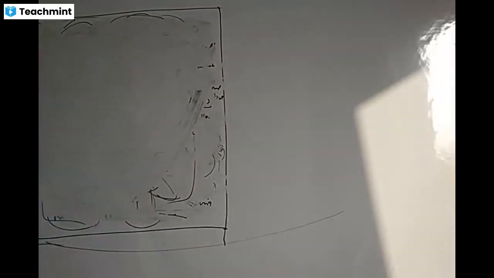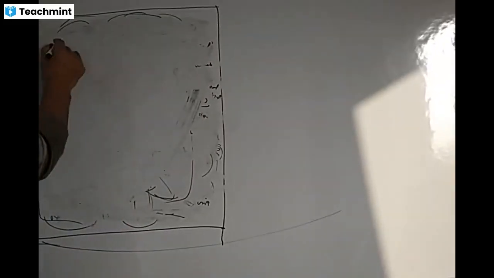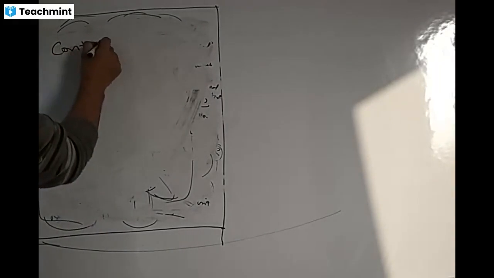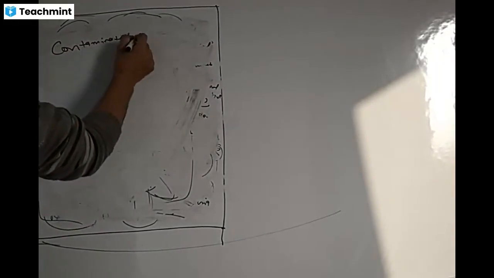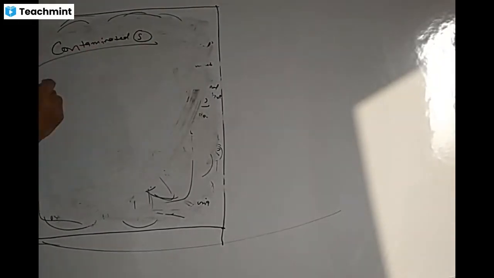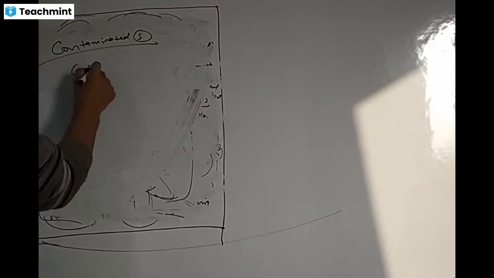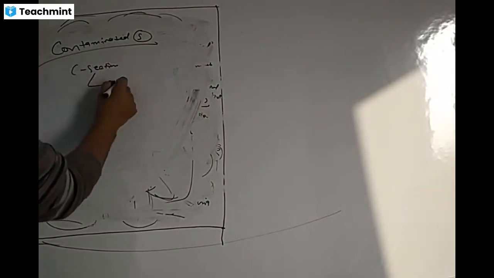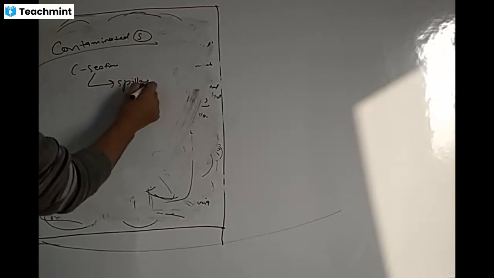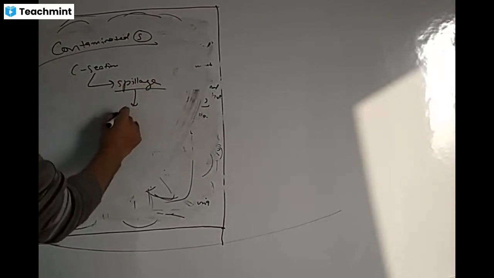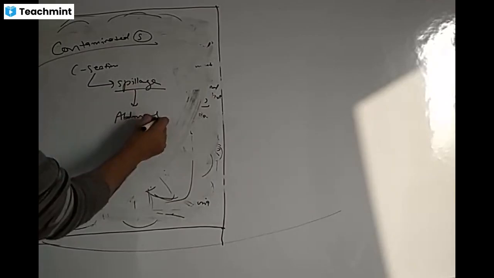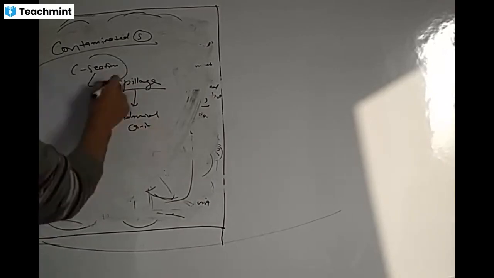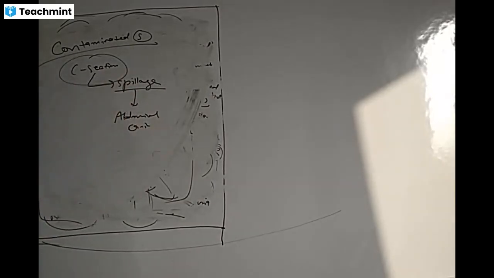Next is contaminated surgery. In case of contaminated surgery, suppose we are doing a C-section and somehow all the content spills into the abdominal cavity. The same surgery which was clean contaminated now becomes contaminated.